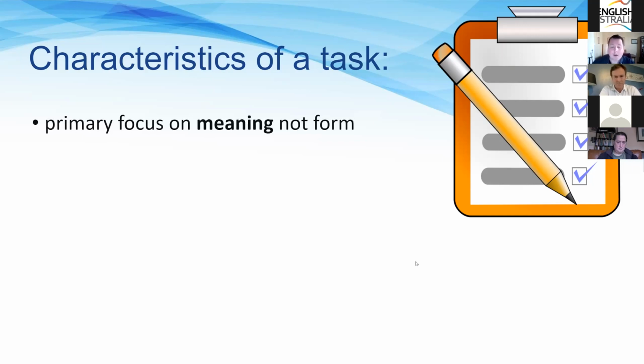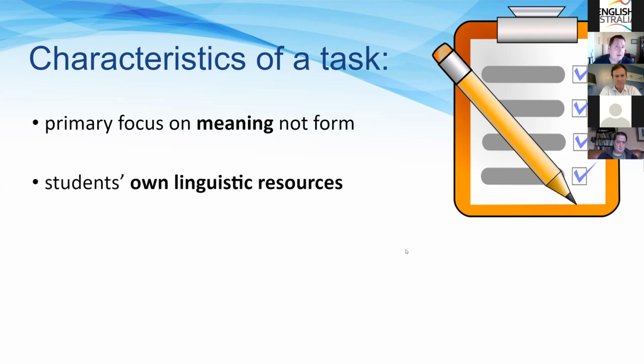So, a task has its primary focus on meaning, not form. It's not about display use of language, but using the language that the students have at their disposal and indeed pushing this, doing something with language rather than displaying something for the teacher. So it's very much about their own linguistic resources and using these.